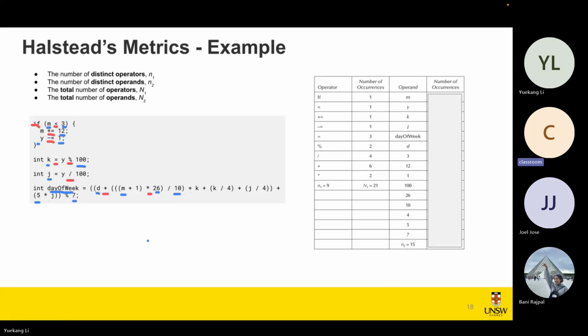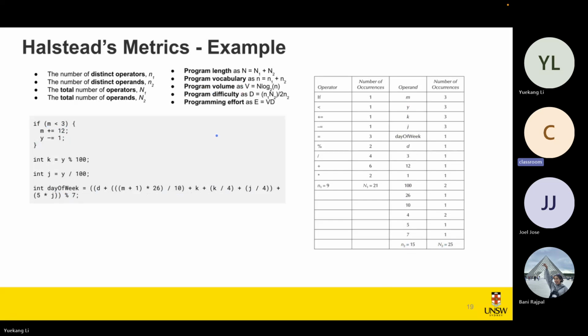And similar to how we count the number of occurrences for these operators, we can count the number of occurrences for these operands. And then we have the total number of operands equal to 25.